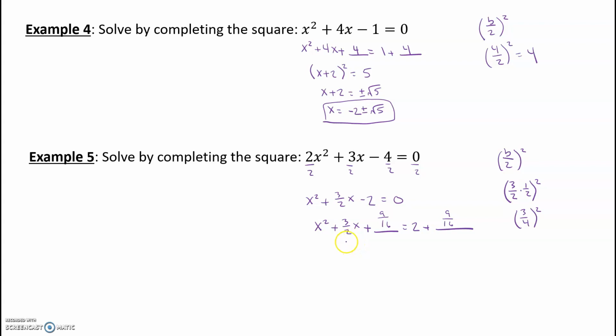All right, so we're going to go ahead and factor this. So that is x plus 3/4 squared. All right, that's why we did it. Equals. Now here, to combine like terms, you need a common denominator. So 2 is technically 2/1. I like the denominator of 16.